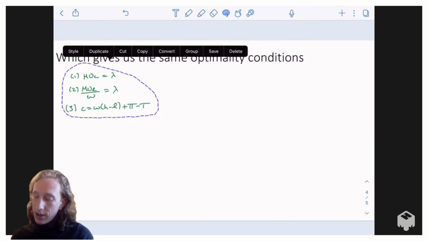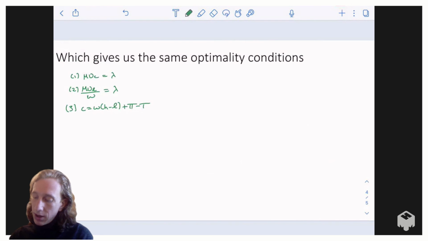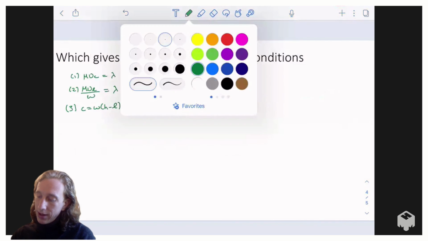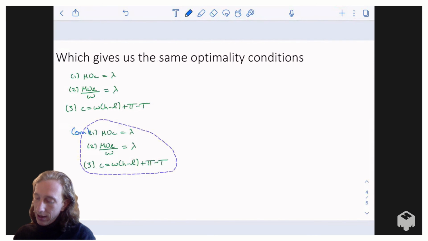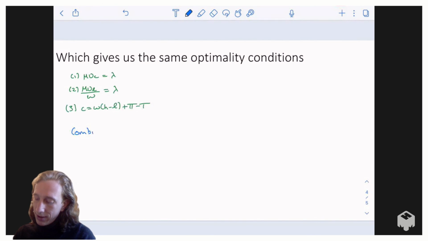Okay, so I'll copy these over here. Watch this. I'll start writing in blue again. So combine 1 and 2. In other words, I'm just going to set 1 and 2 equal. Well, what does that give me?